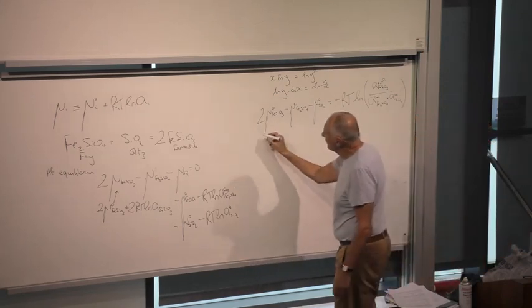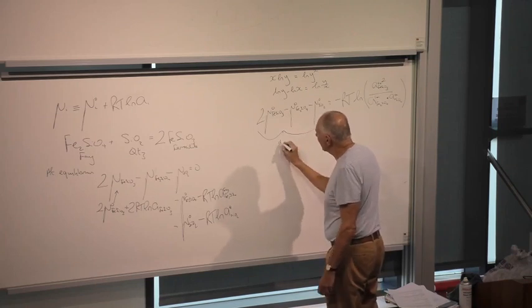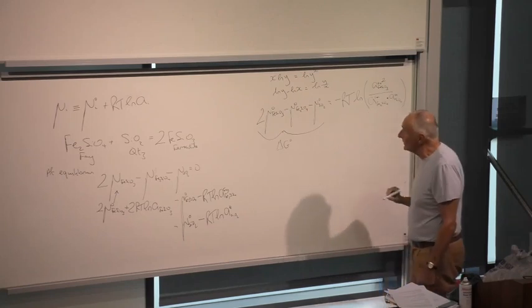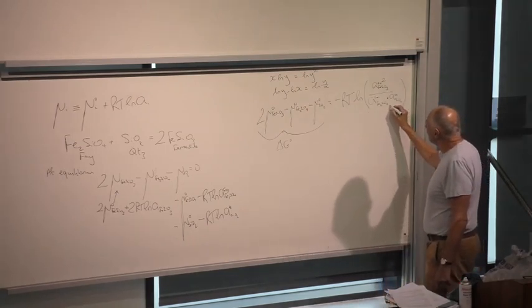This lot is called delta G0, the change of free energy for every component in its standard state. And this is usually called the equilibrium constant K.